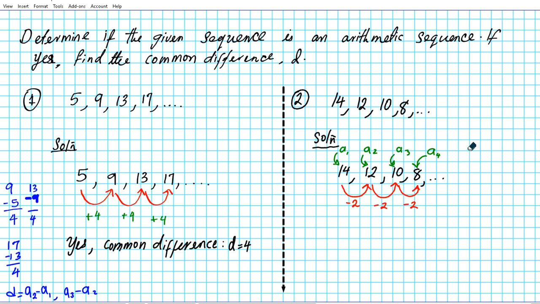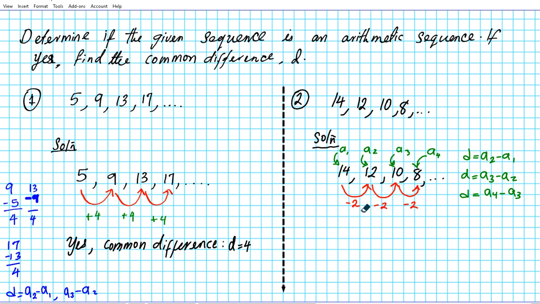So when looking for the common difference here, you can either say A2, the second minus the first, or you can say A3, the third minus the second. These are consecutive terms. Or you can say A4 minus A3. So whichever computation you do, you will always end up with -2 based on what we have here. Okay?